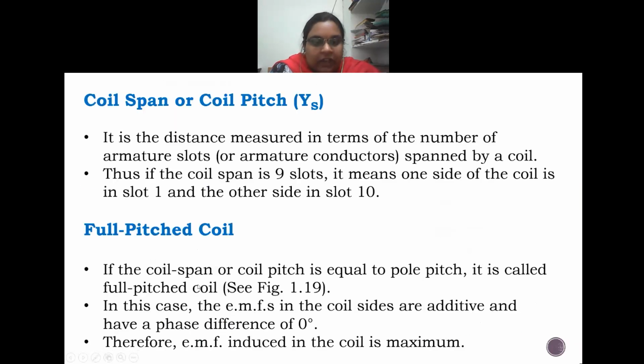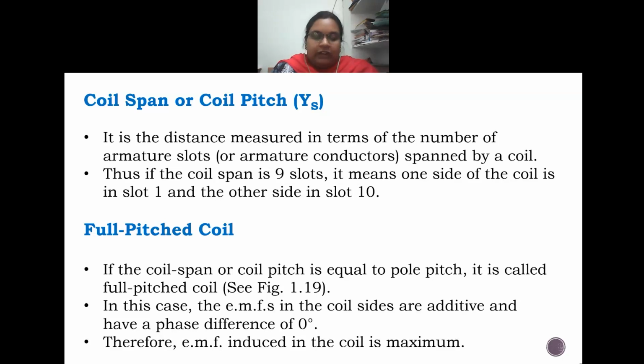Why are we going for this full pitched coil? In this case the EMFs in the coil sides are additive, that is, you can add them. This we have seen in case of the simple loop generator, right? The EMF induced in one coil side will be aiding the other coil side only when those two coil sides are under opposite pole influence.